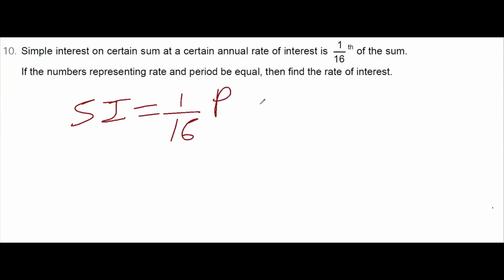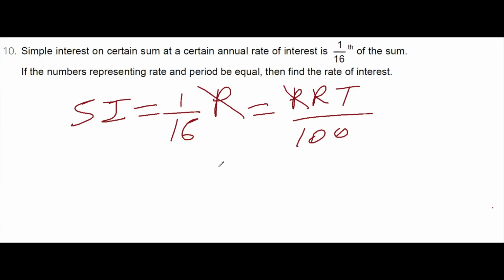The simple interest formula I know is PRT upon 100. Here P and P will get cancelled, and it says that the rate and period are equal, which means R is equal to T. So I can write this as R into R, because I need to find the rate of interest.